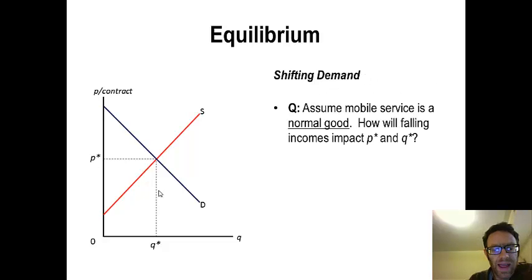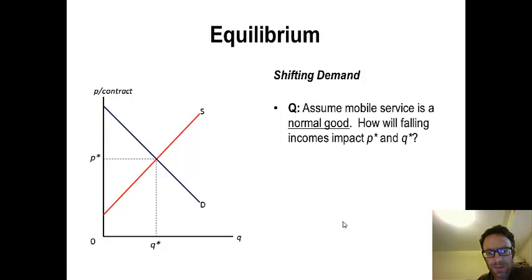So let's imagine that we've got a market for cellular service, so cell phones. On the y-axis, I'm measuring the monthly price for a contract, and on the x-axis, I'm measuring just the number of contracts that are bought and sold in a given month's time. And we'll begin from a point of equilibrium. Let's assume now that for whatever reason, maybe there's a recession, incomes fall.